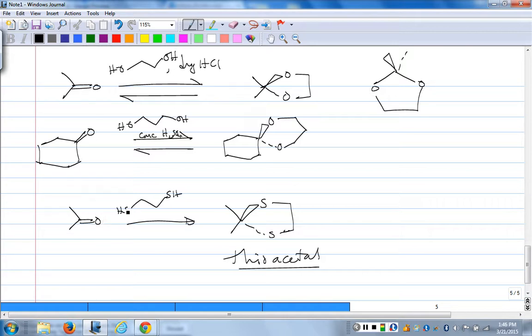The other thing is that HS is actually more acidic than HO, right? H2S is a mild acid, much stronger acid than water. And so what happens in this case is the O of the oxygen hydrogen bonds to the H of the thiol.